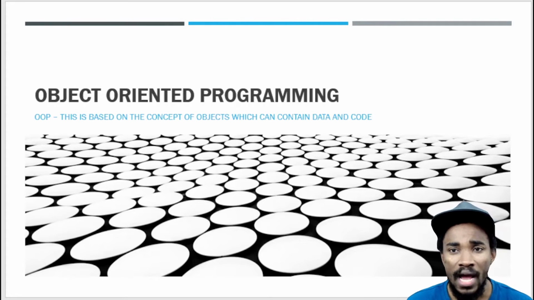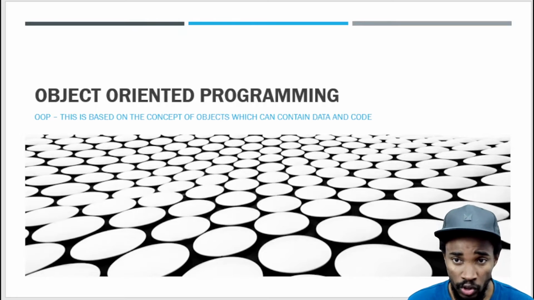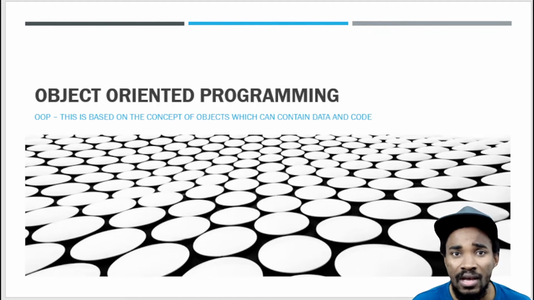The reason why this is good is because it enables you to develop your program in a modular way, where you can create building blocks. You can break down complex problems into smaller bits, and you can solve them as you go along.